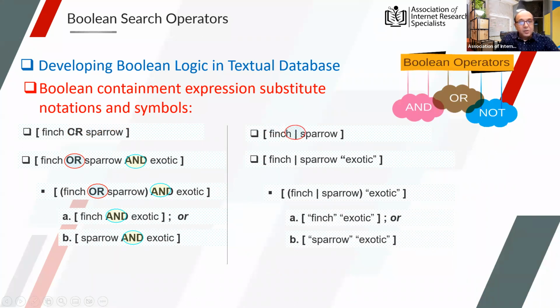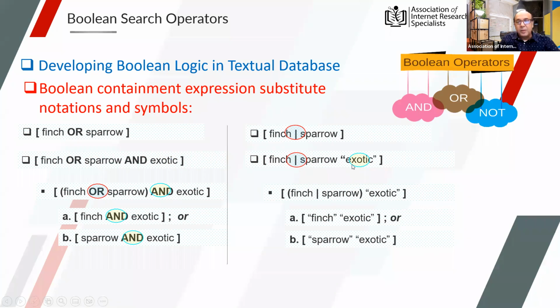Nice, eh? Instead of OR, you can use the vertical bar with a space on either side. Where you have AND, you can replace it by putting the term inside quotation marks. This is the best way to write it, not the one on the left-hand side.